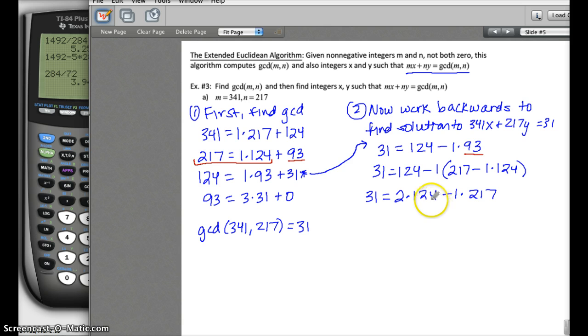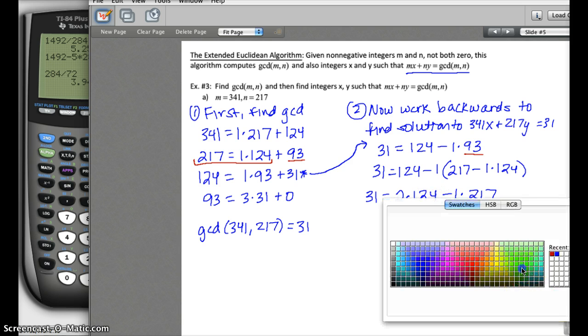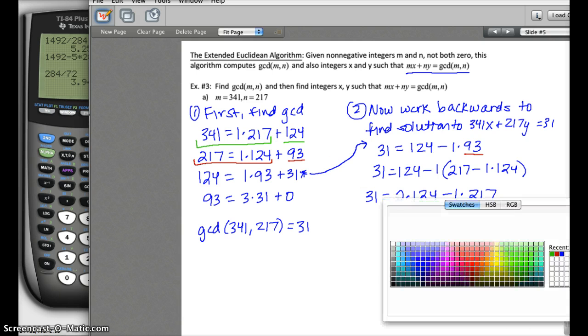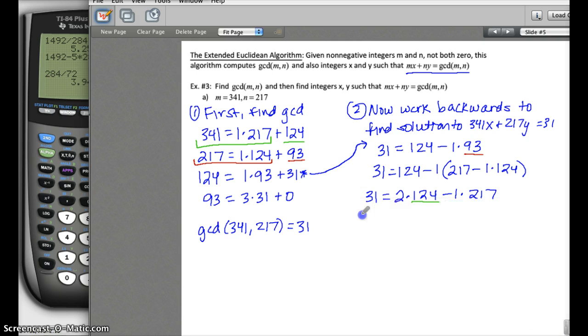Now, I want to take a look at this 124 and think about how we could rewrite that. Let's grab another color here. I'm looking at this 124 here. Notice that there's a 124 as a term here. So I'm going to replace that 124 with this whole group of terms. So we still have our 31. I'm going to take out that 124 and replace it with 341 minus 1 times 217.